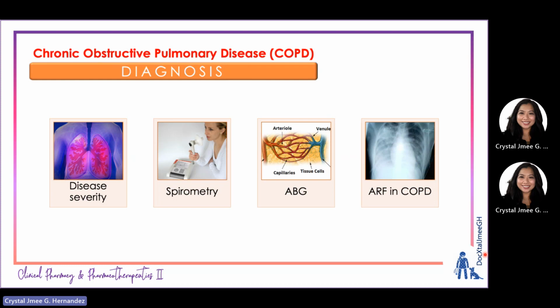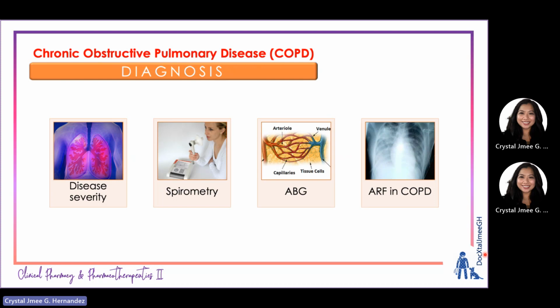Significant changes in arterial blood gases are not usually present until the forced expiratory volume is less than 1 liter. Once it happens, we would observe hypoxemia and hypercapnia, and those may become chronic in nature. What else? Hypoxemia usually occurs initially with exercise, but eventually as COPD progresses, it can be observed even at rest.